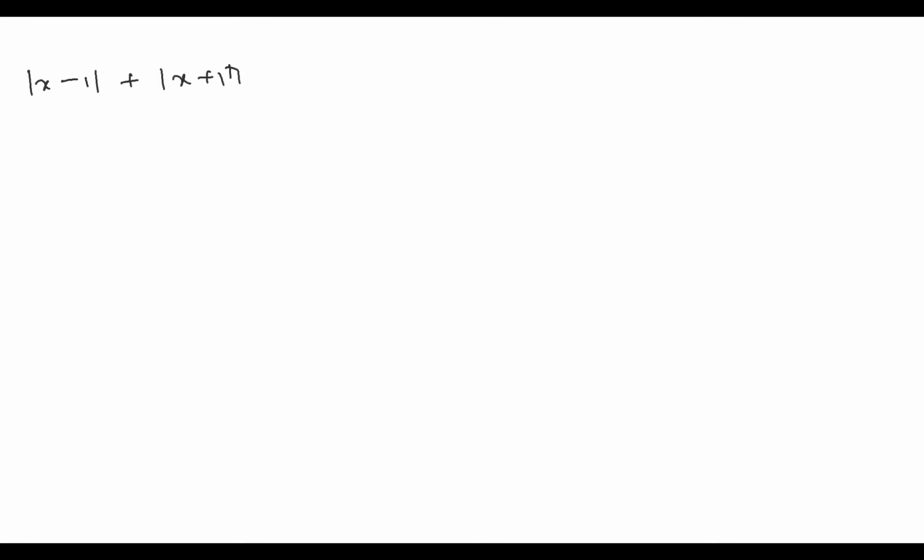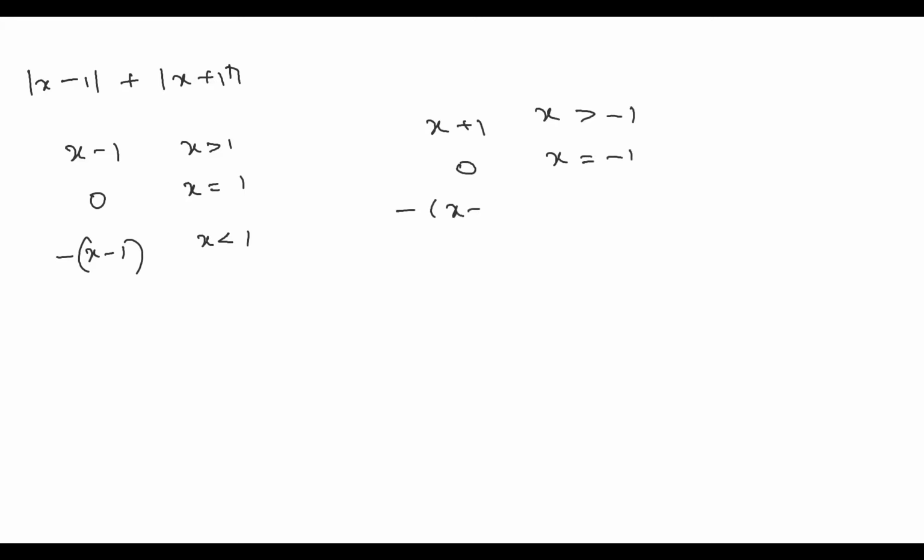So how did I break x minus 1 as x minus 1, 0 and minus of x minus 1? This is when x is greater than 1. This is when x is equal to 1. This is when x is less than 1. Okay. Again, x plus 1 when x is greater than -1, 0 when x is -1, minus of x plus 1 when x is less than -1.